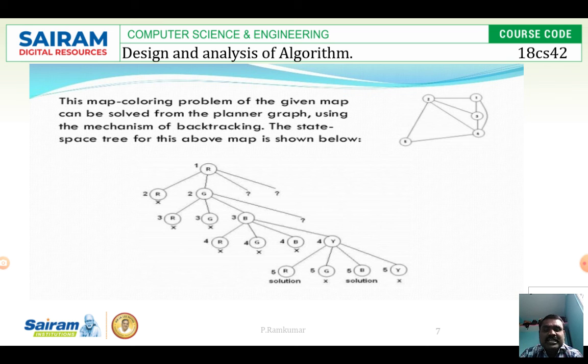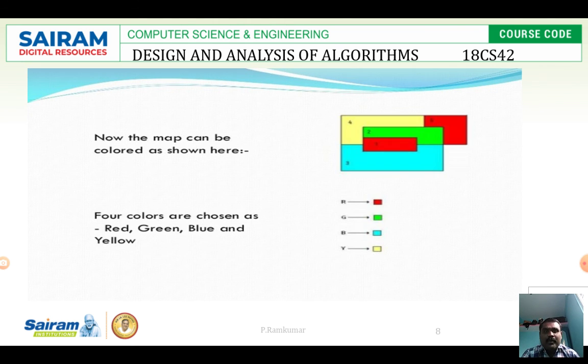Third level is, first level red, second level green, so RG, third level blue, so RGB, red, green, blue. Fourth level red, green, blue, yellow. Then in the fifth level we will get the solution RGBY, so red, green, blue, yellow. So this is the solution for the given problem.